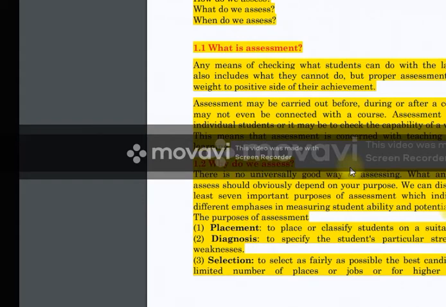What has been mentioned by Ayad and Noor is to some extent related to one of these 7 purposes in assessment.